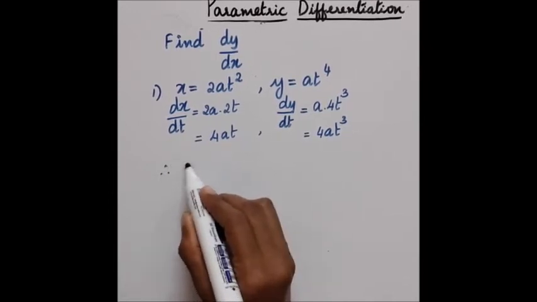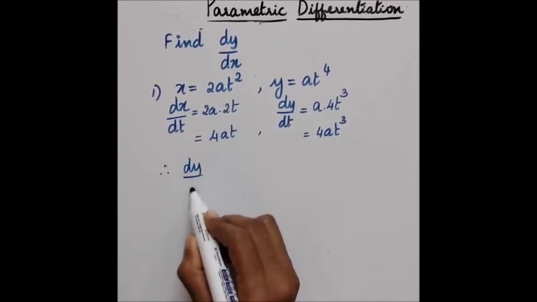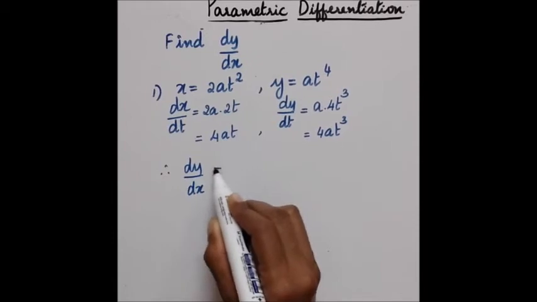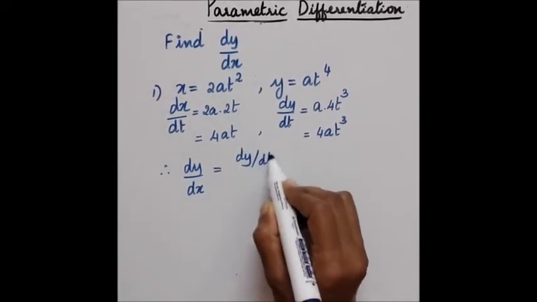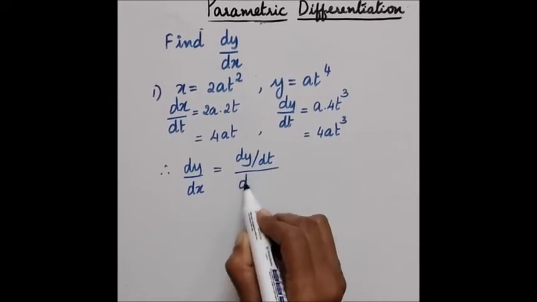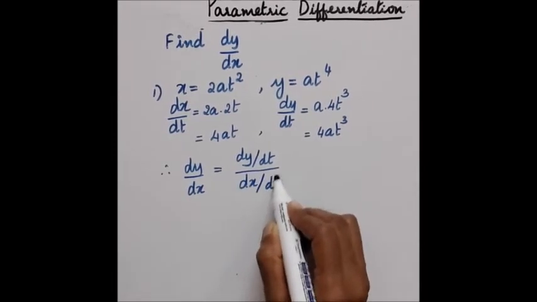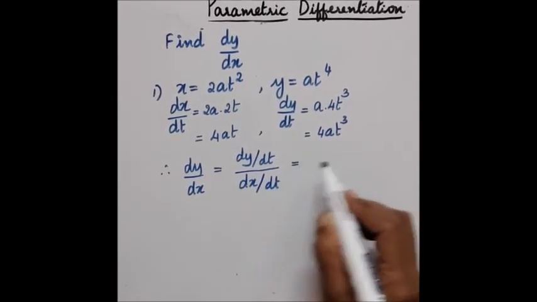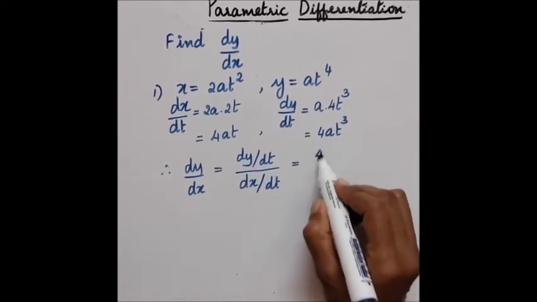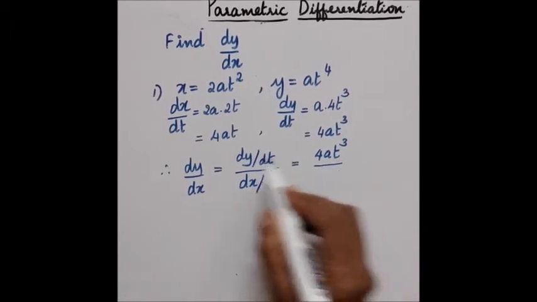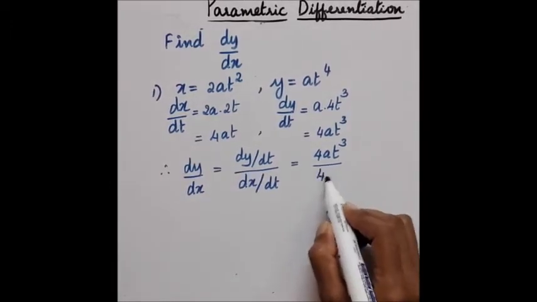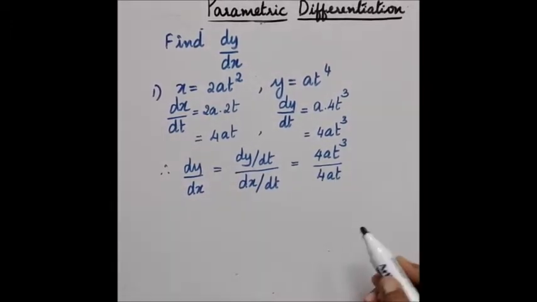Then dy by dx is given by dy by dt divided by dx by dt. That is, dy by dt is 4at cube and dx by dt is 4at.